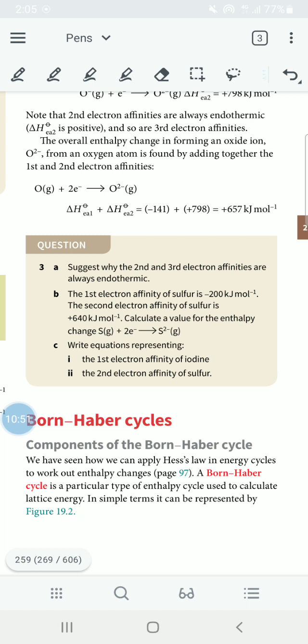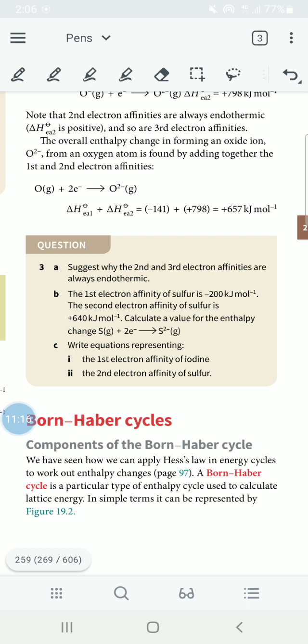Then part B: the first electron affinity of sulfur is −200 kilojoules per mole. The second electron affinity of sulfur is +640 kilojoules per mole. Calculate the value for the enthalpy change S(g) combining with two electrons to produce S2−.